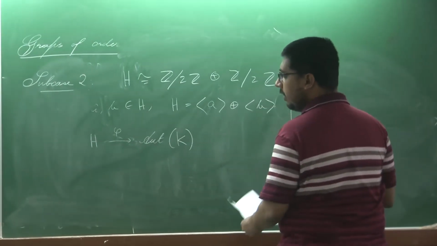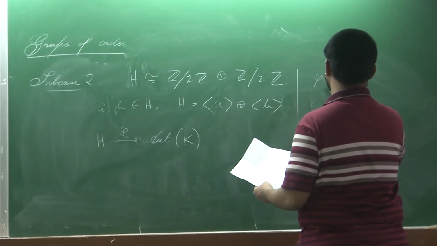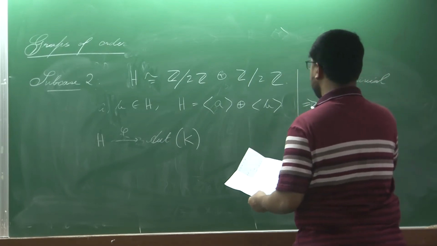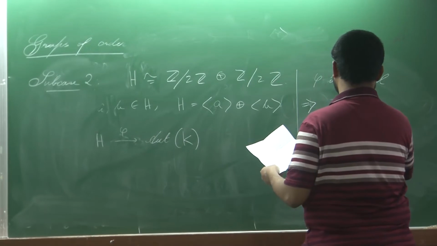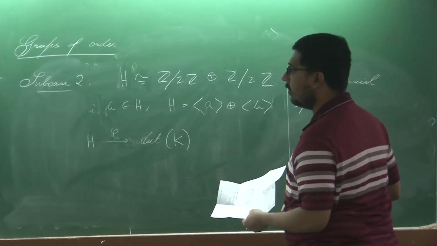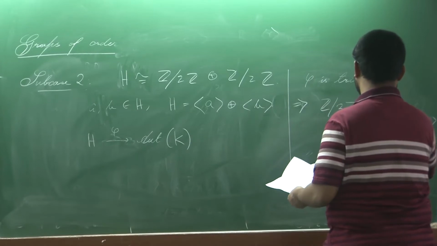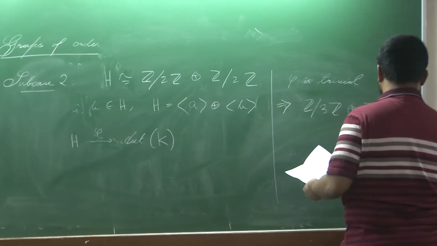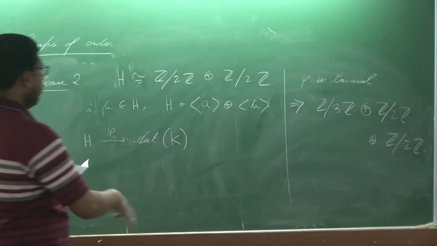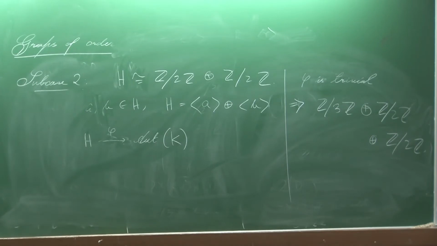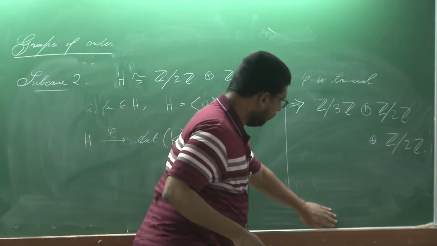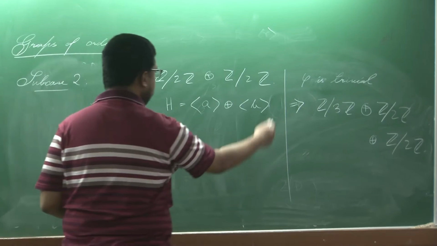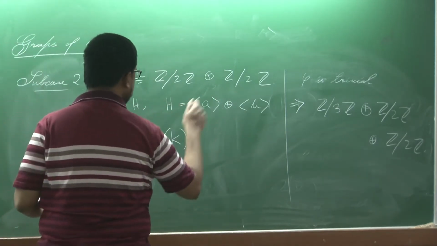In that case, phi trivial implies Z3 direct sum Z2 direct sum Z2. So in fact the abelian structures are also coming out of our analysis, but those are the trivial ones.